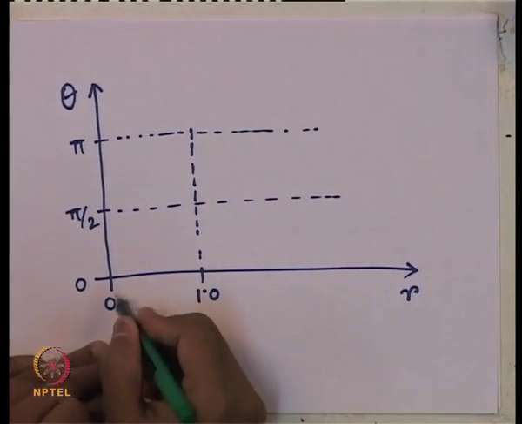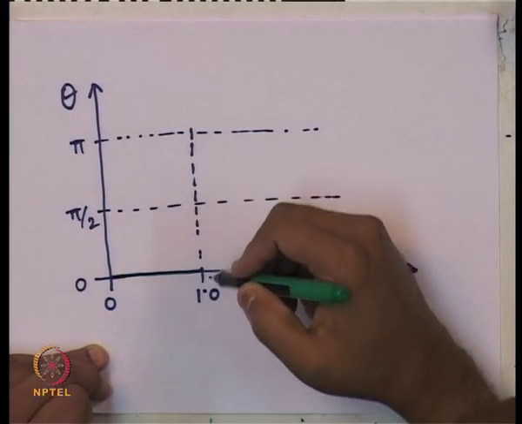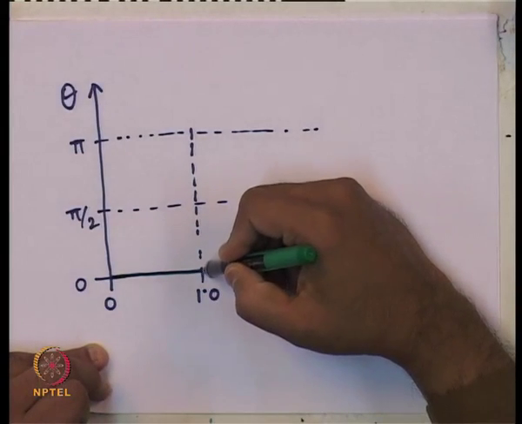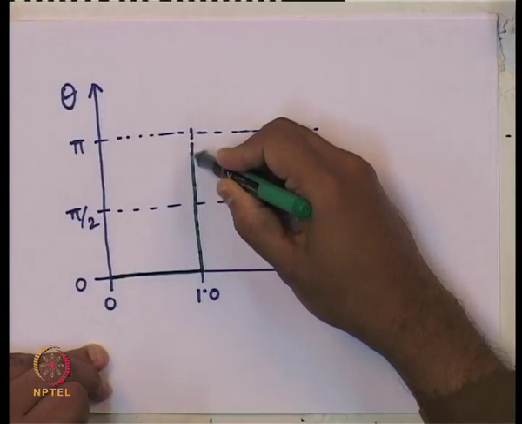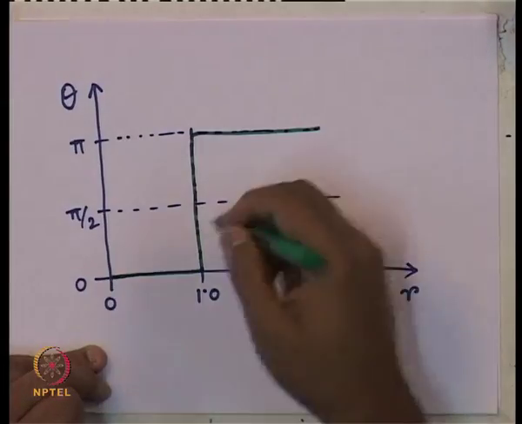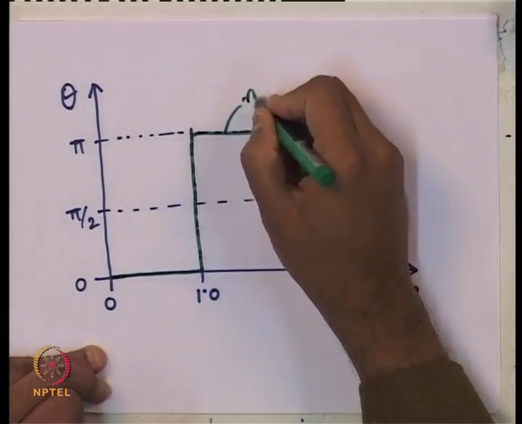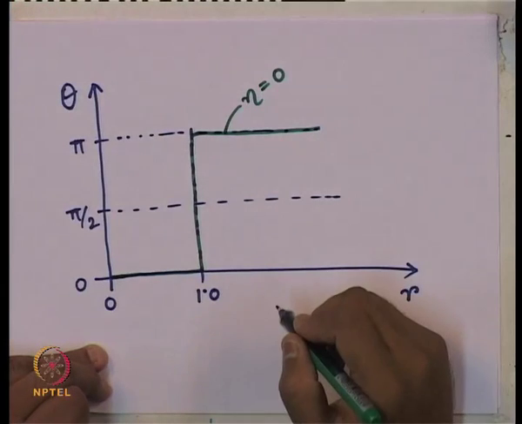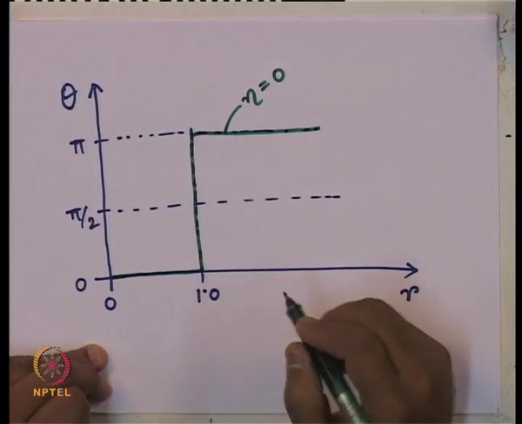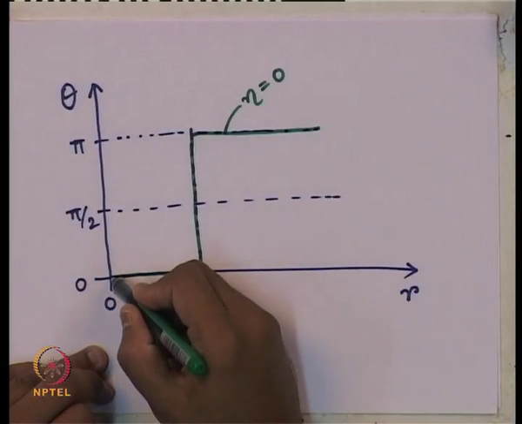So, what will be the variation? It will follow this path, this, this and this. So, this is the variation of phase for eta equals 0, the undamped case.